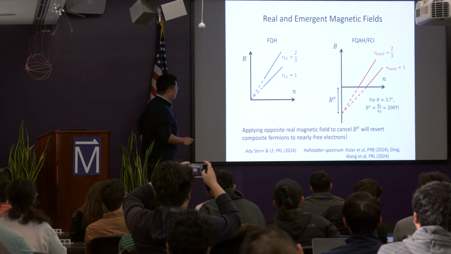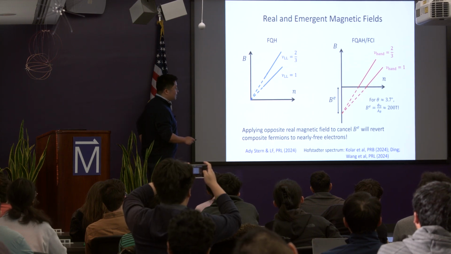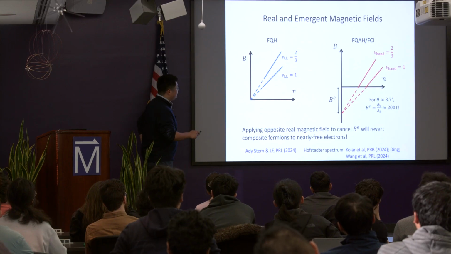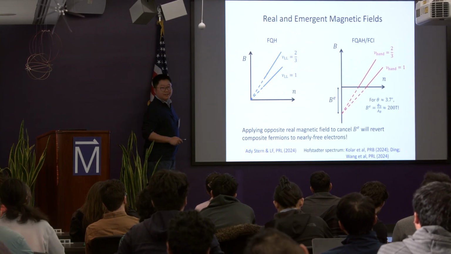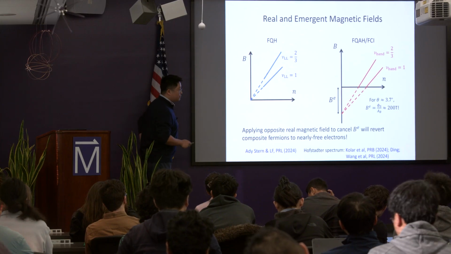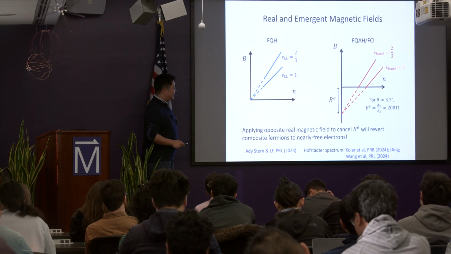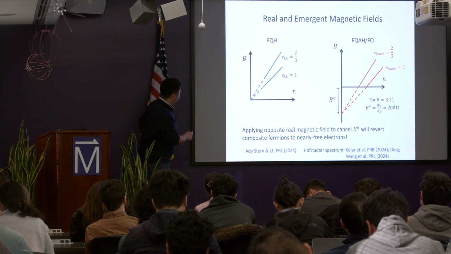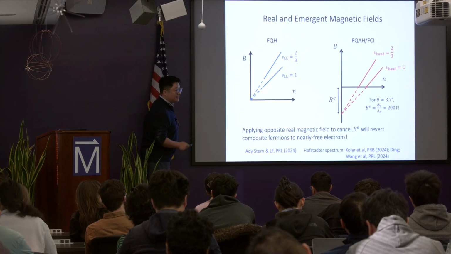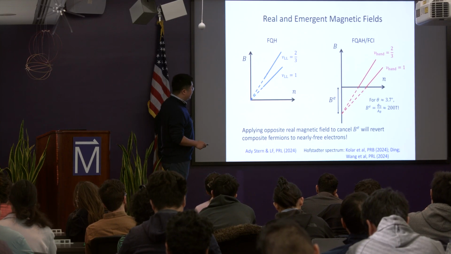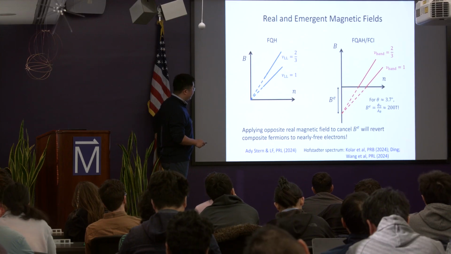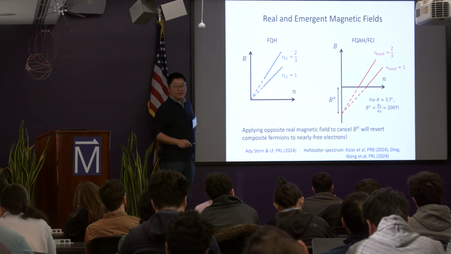Now, the reason that it occurs already at zero field is because even though the external field is zero, there is a large emergent magnetic field which corresponds to 1 flux quantum per moiré unit cell, right? So one should actually compare this side and this side with an offset. And in particular, for a twist angle of 3.7 degree twisted MoTe2, the emergent flux is about 200 Tesla.